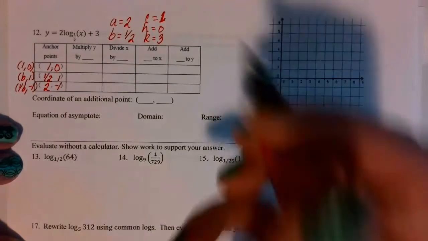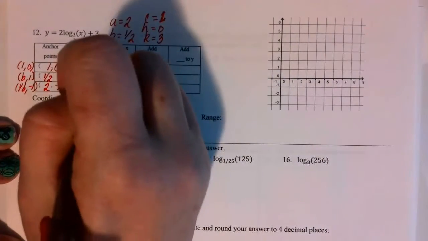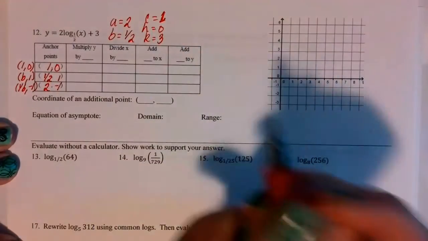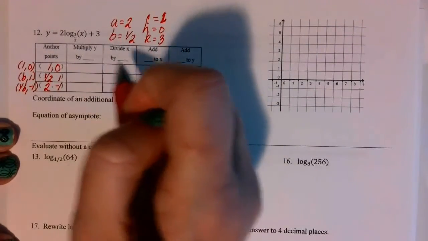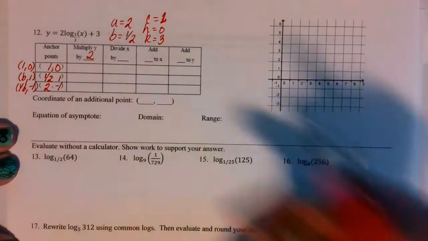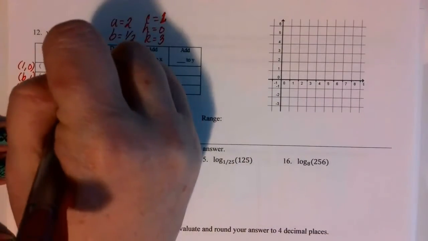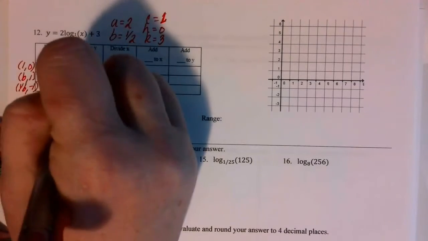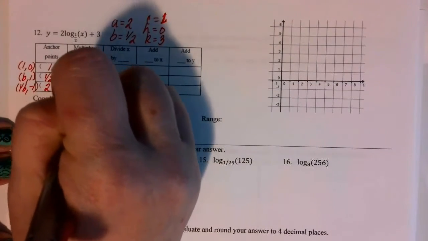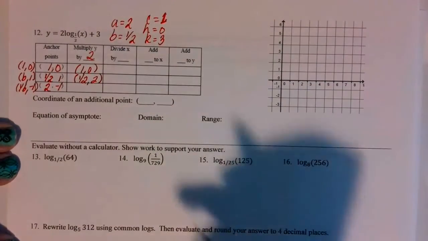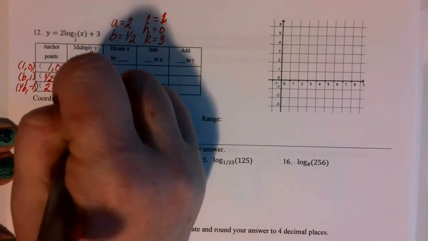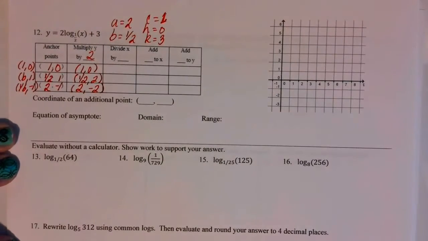Okay, for the vertical stretch, we're going to multiply each of these y coordinates by the a value, which is 2. So we'll have the points 1, 0, 1/2, comma 2, and then 2, comma negative 2.